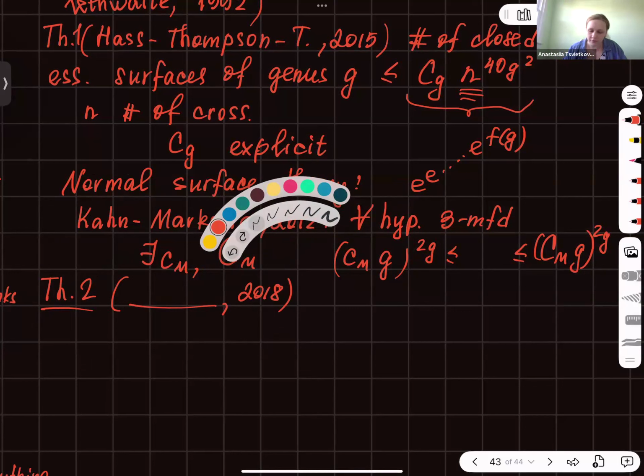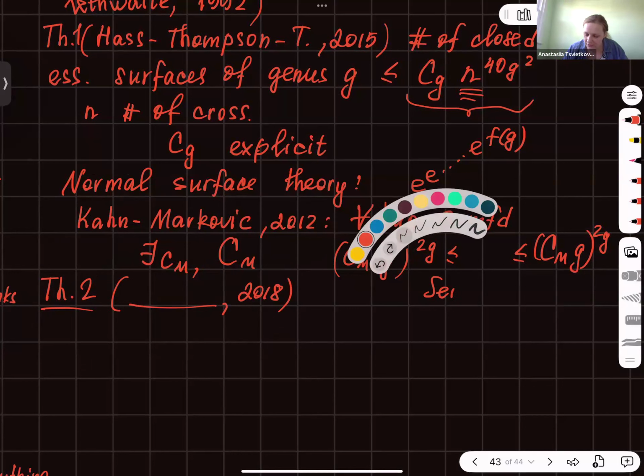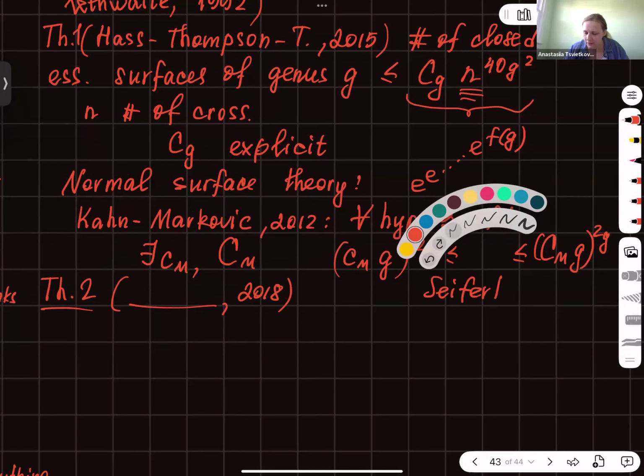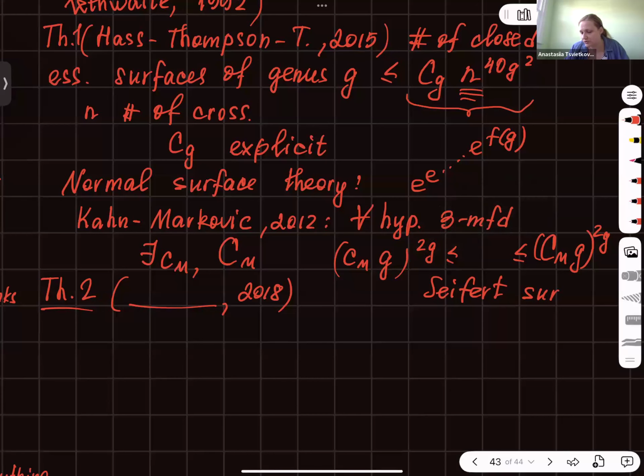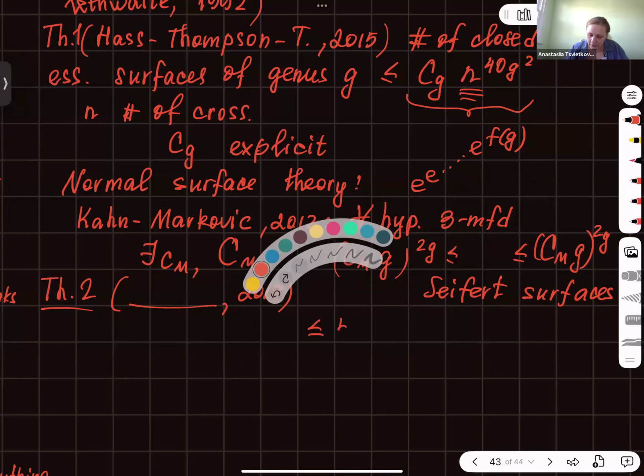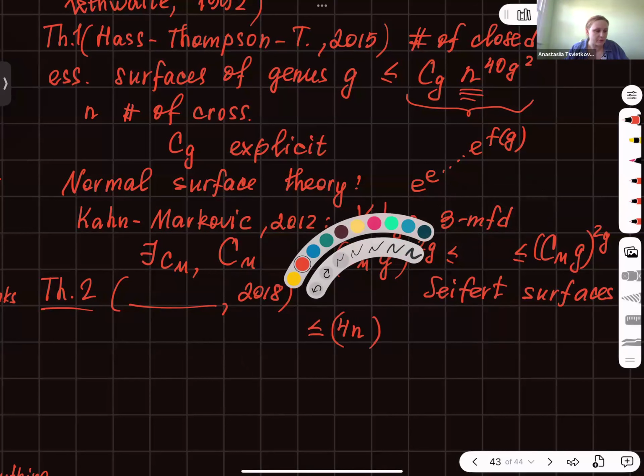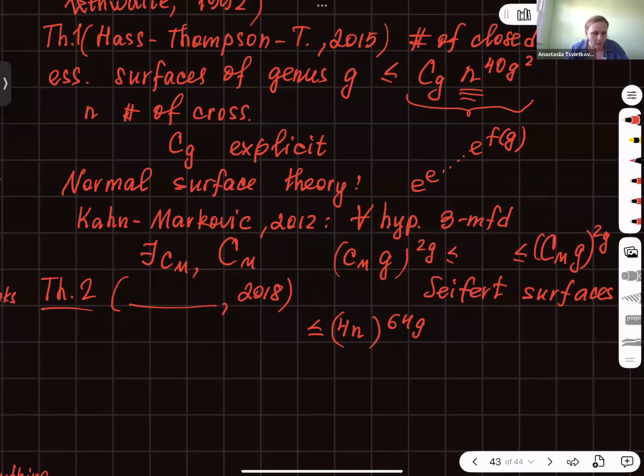In a way, the same theorem, except you now look at surfaces with boundary, and it can actually also be generalized to spanning surfaces, so not necessarily orientable. And the bound is, for N, again, N is the number of crossings, 64G squared minus 48G. So again, you get a polynomial universal explicit bound for surfaces with boundary or spanning surfaces.